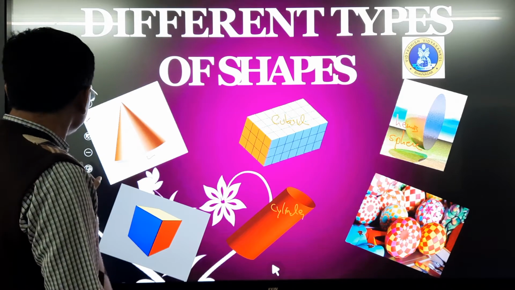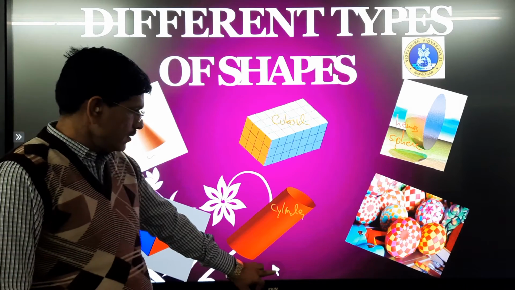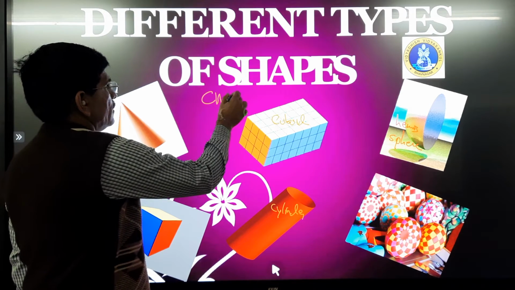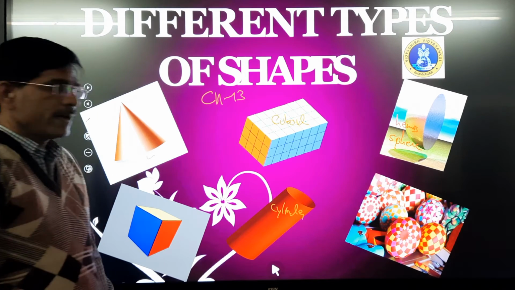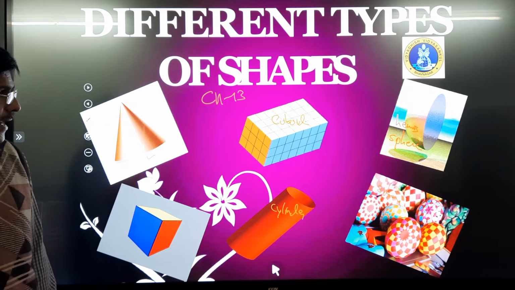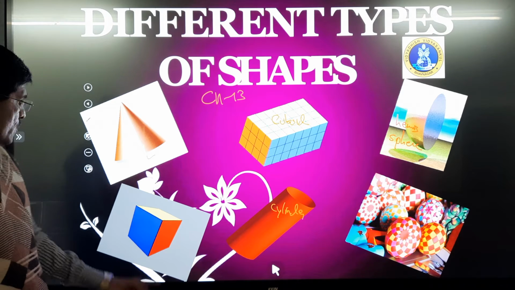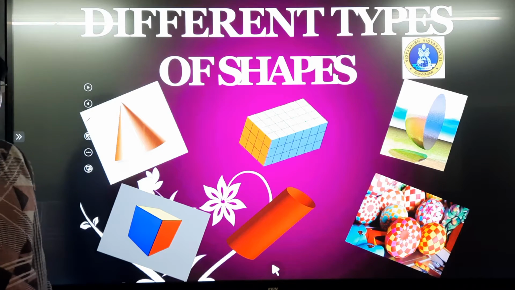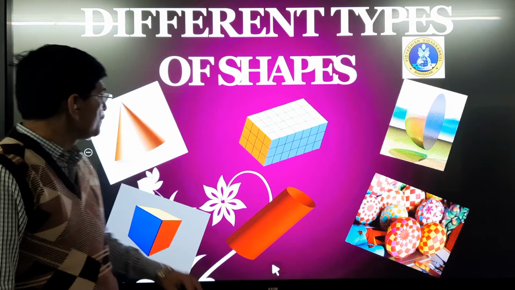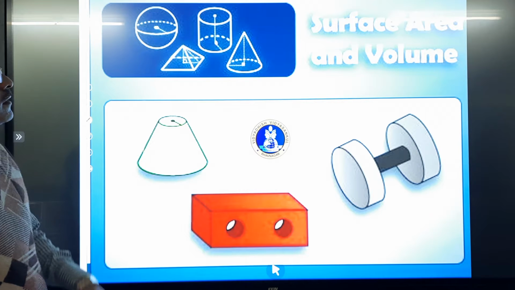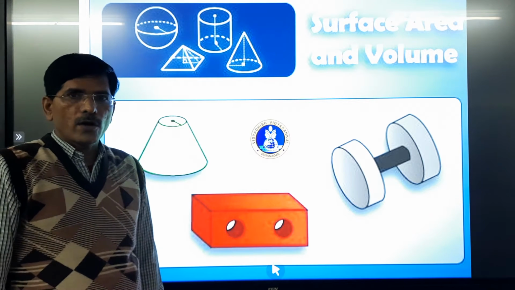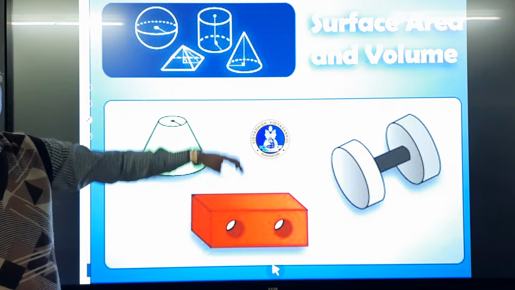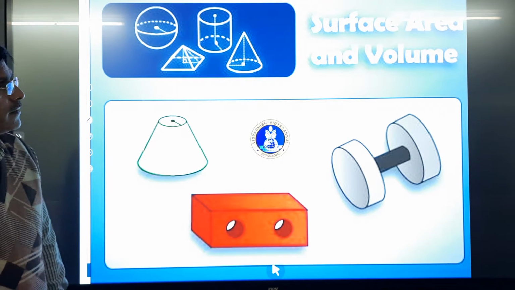We have to go for the chapter on surface area and volume. So for surface area and volume, you have seen 4 different figures here.